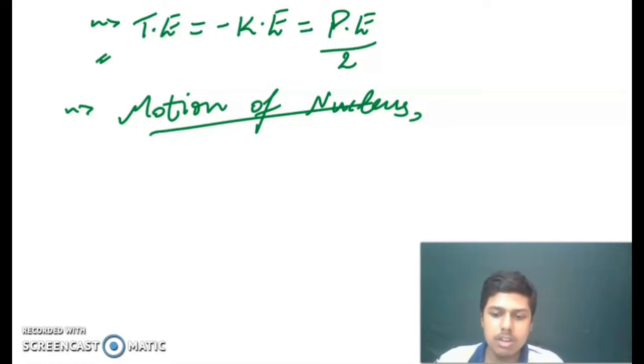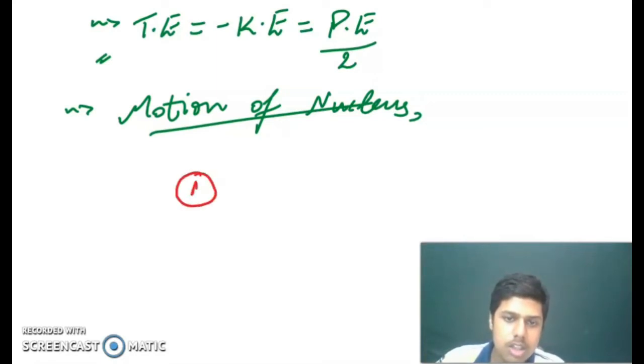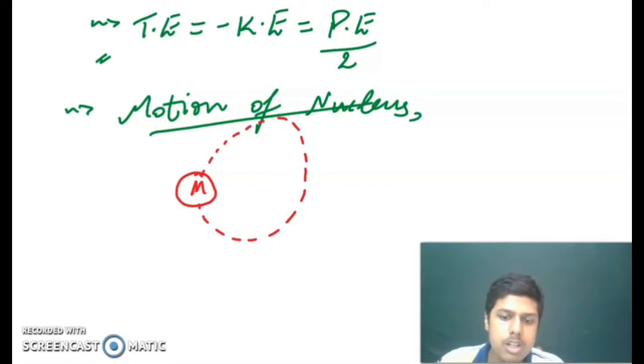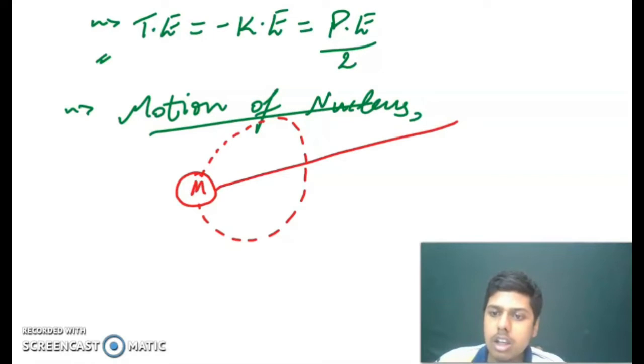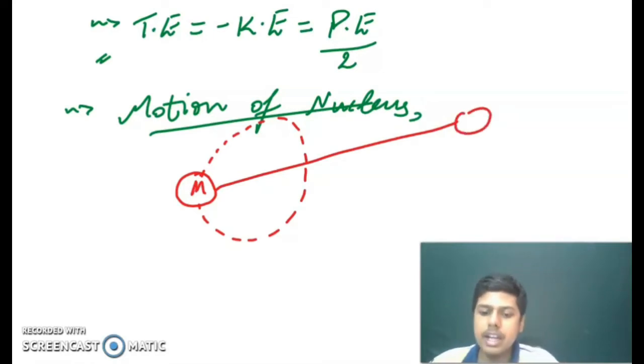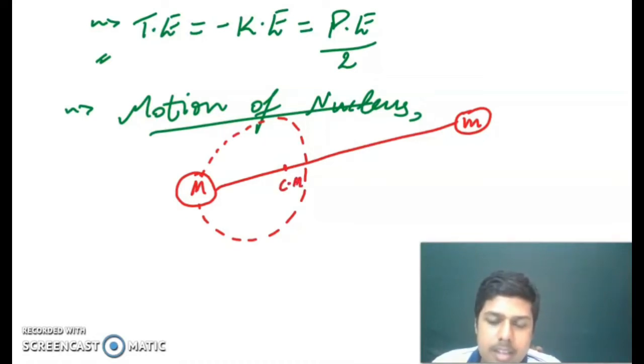First of all, see, suppose this is the mass of atom, and this is revolving in orbit, and here is an electron revolving in an orbit, right? The center of mass somewhere here lies, as you must have heard that the center of mass lies near to that of heavier one, the heavier mass.